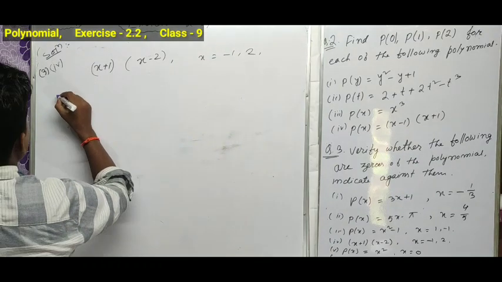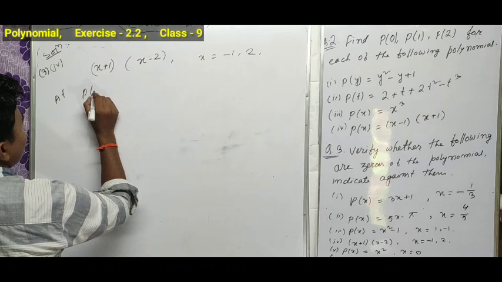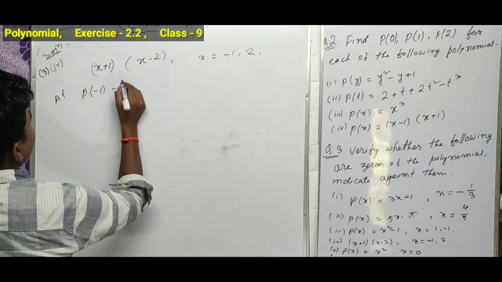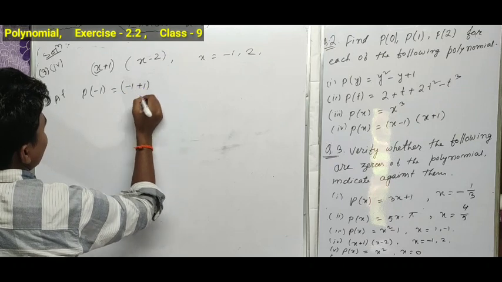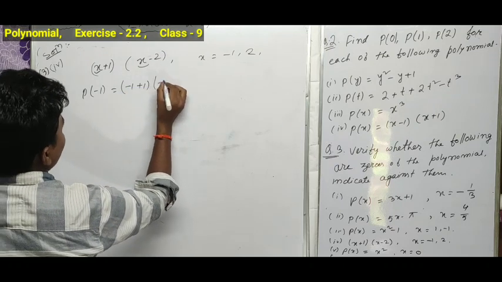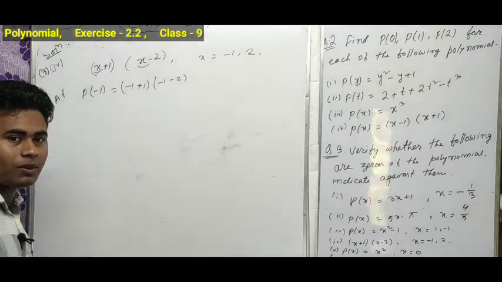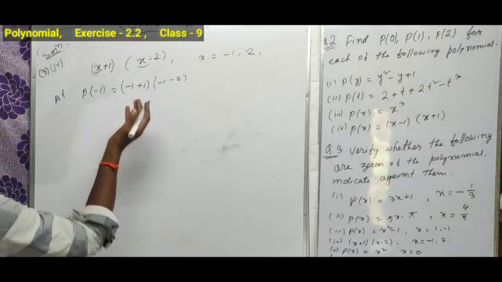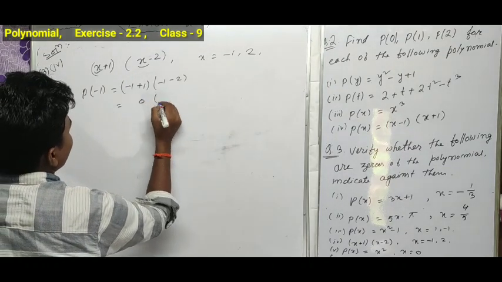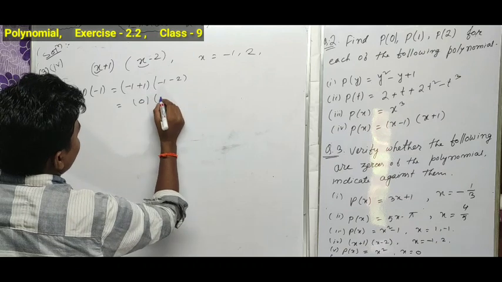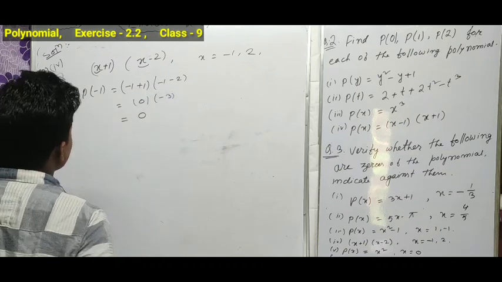Okay, we will prove at p minus 1. In this x we will put here minus 1 and then plus 1. Same way we will put here minus 1 minus 2. Okay, you can see this is minus, this is plus, same thing. If we have 1 rupee and if you give 1 rupee, 0 will be present. Okay, we can write 0 and then minus 1 and minus 2, minus 3. So leave it, it will become 0.